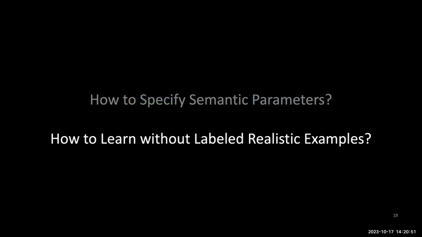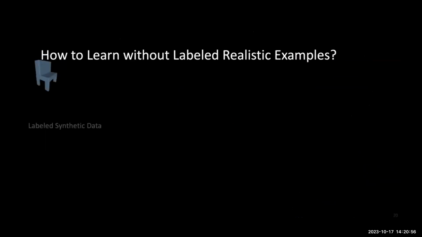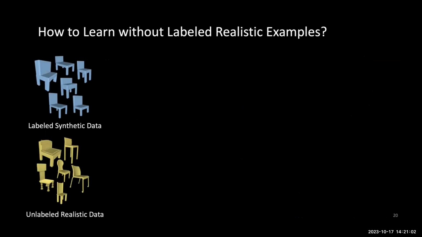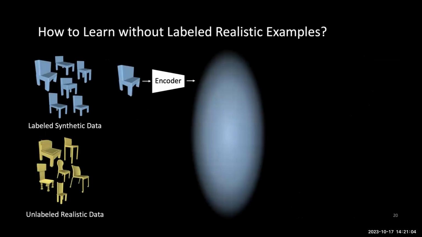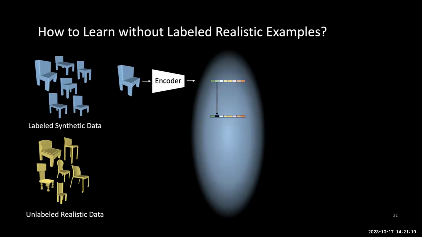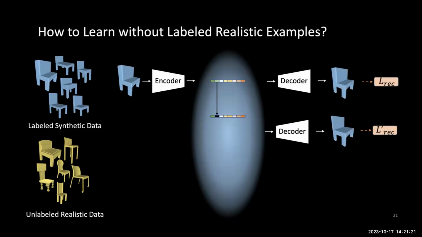The second challenge is how to learn without labeled realistic examples. The answer is we can leverage the synthetic data that we just created. For the synthetic data, we encode it into this attribute space where each dimension of the attribute corresponds to some attribute that we are interested in editing. And then we decode these attributes into the synthetic data. Because they are synthetic, we have perfect labels for all the shapes, so we can have a perfect reconstruction loss.